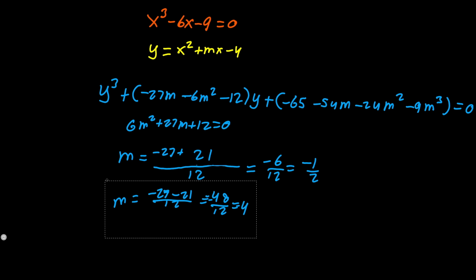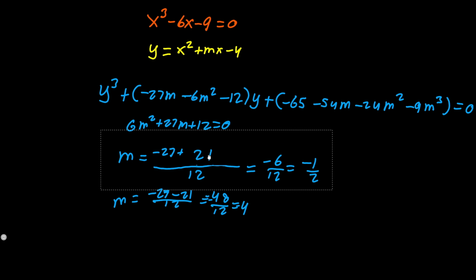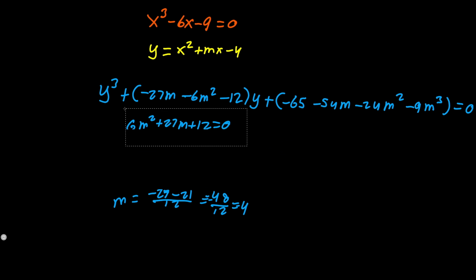So we're going to choose m is equal to 4, as that is much easier to work with. So we're going to see if the y term vanishes. We have negative 6 times 16, that is negative 96, and 4 times 27, that is plus 108, minus 12.